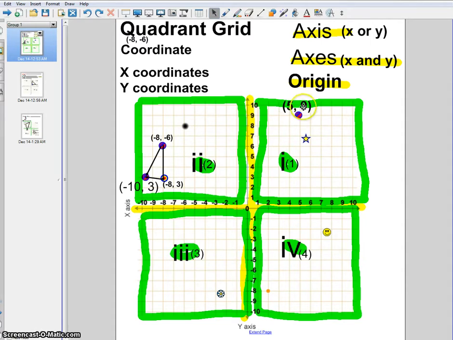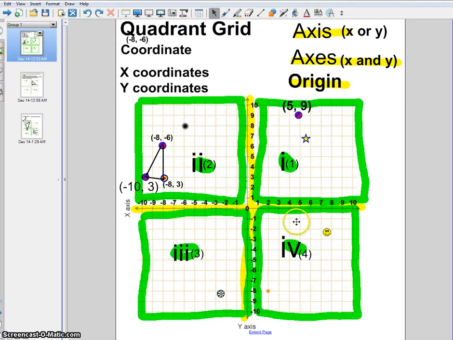You see, (5, 9) can only reside or live in the first quadrant. Only positive numbers can live in the first quadrant, and here's why. Because in the first quadrant, you are using only positive numbers on the x-axis and positive numbers on the y-axis.